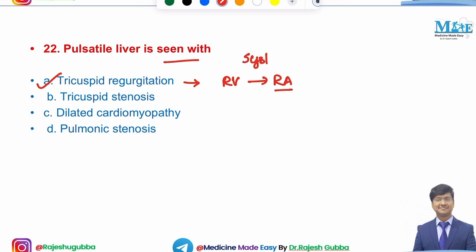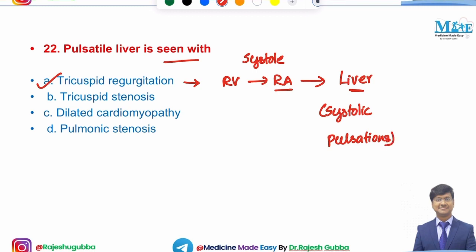The blood regurgitated into the RA during systole will be transmitted to the liver, right? These pulsations will be transmitted to the liver, and this will give rise to systolic pulsations. So that is nothing but your TR. All right, next.